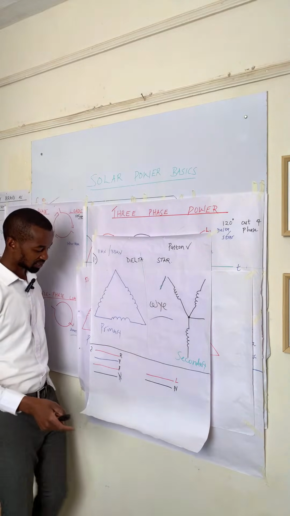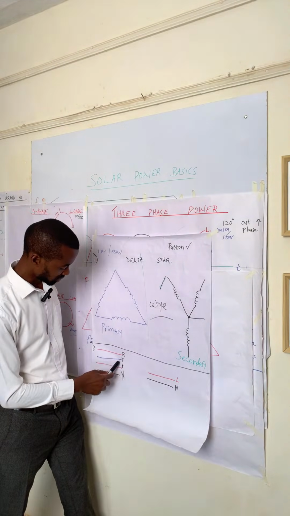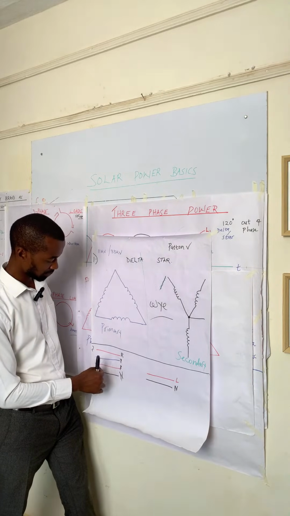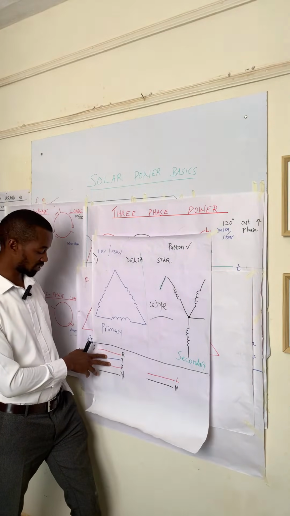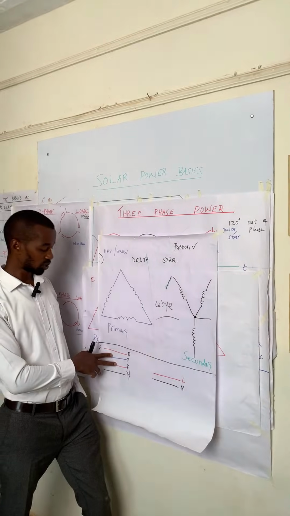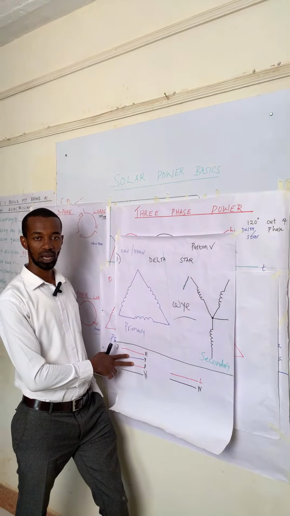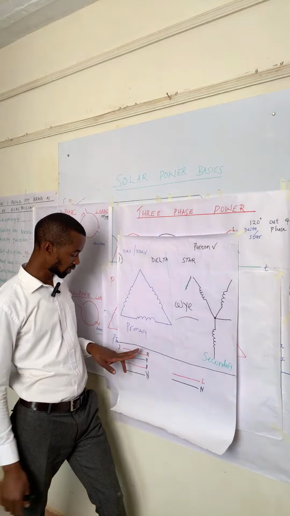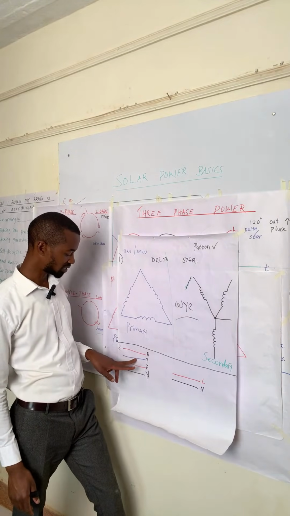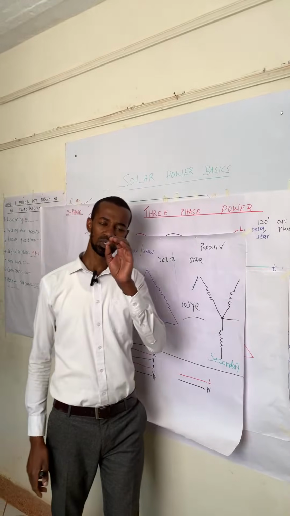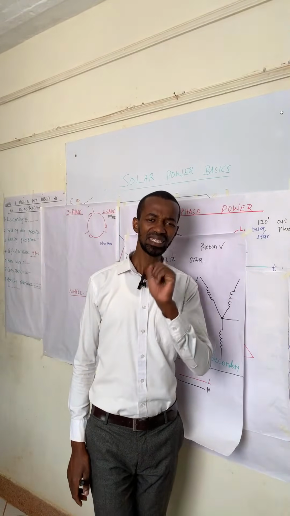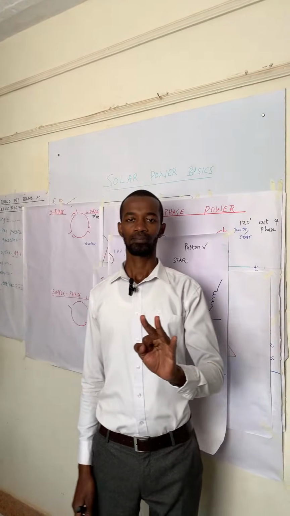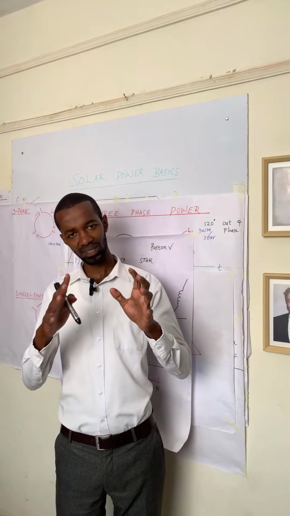But in the normal domestic setup, there are homes that require three-phase power distribution. Could it be homes? Could it be houses? Commercial buildings, to be specific, will require three-phase power distribution. When you get to those commercial buildings, is there any three-phase appliance such as a motor?